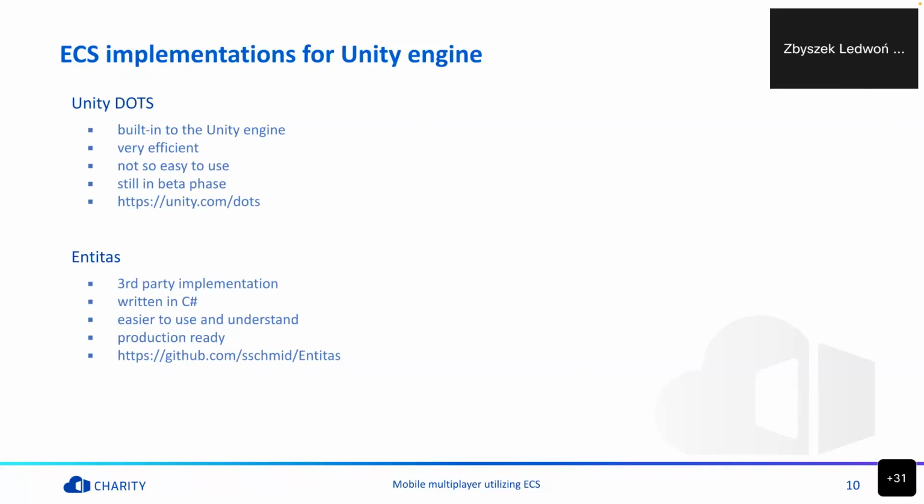Another benefit of ECS is that you can write both client and server in the same code base. You can have them both in one place, and just run some systems on the client and other systems on the server, and it is very easy to switch between client and server in ECS.